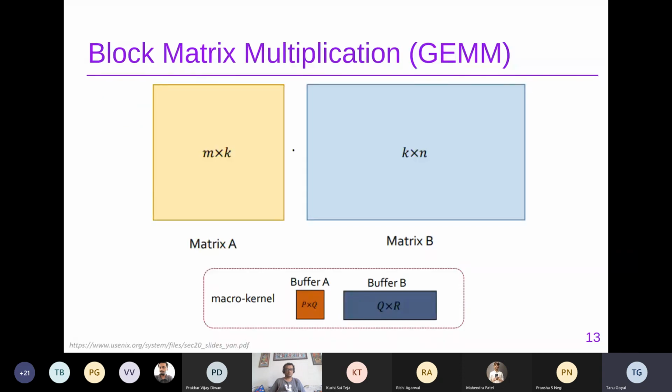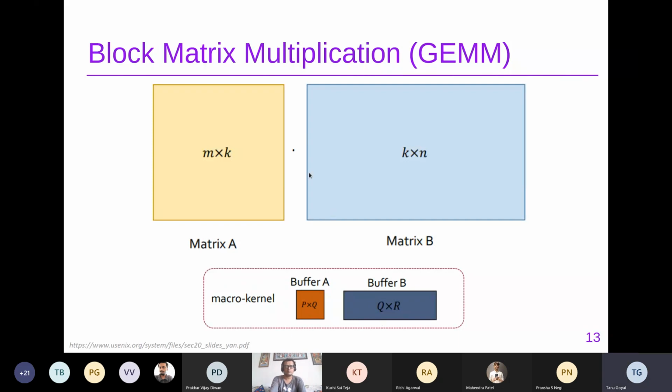Now, till now we have looked at how we map the DNN architecture values to matrix parameters. Now we'll look at how the matrix multiplication takes place and how we can leverage it to do a side channel attack. There are two different buffers, buffer A and buffer B, where the final matrix multiplication takes place, and they have their respective sizes PQ and QR.